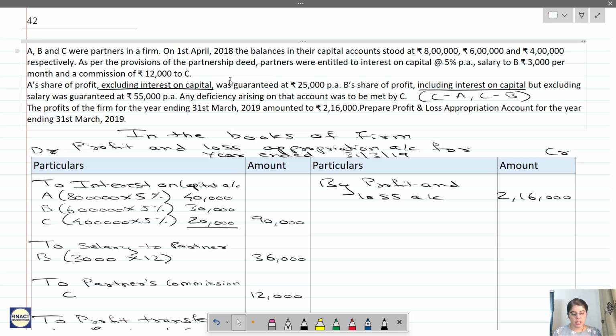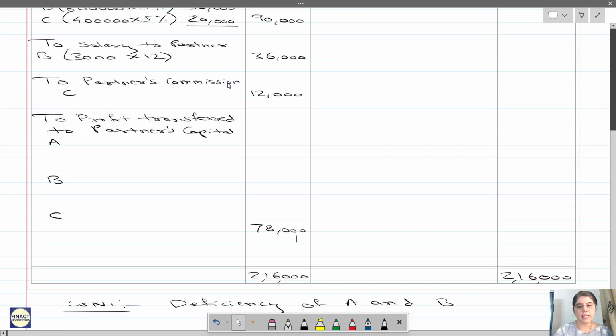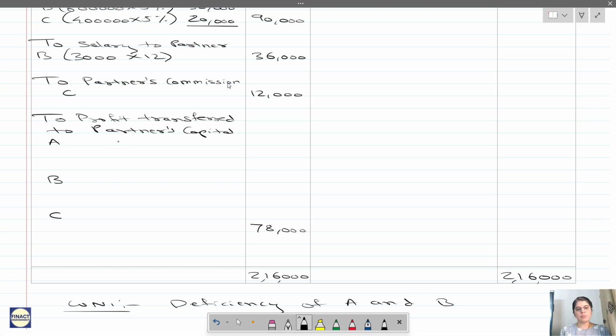If the ratio is not given, what do we have to assume? Their ratios are equal. So 78,000 divided by 3. We distribute the profit equally, 1:1:1. So that comes to 26,000 to A, 26,000 to B and 26,000 to C. Did you understand this? If the profit sharing ratio is not given in the question, it is equal.